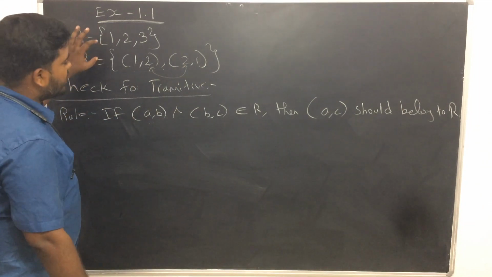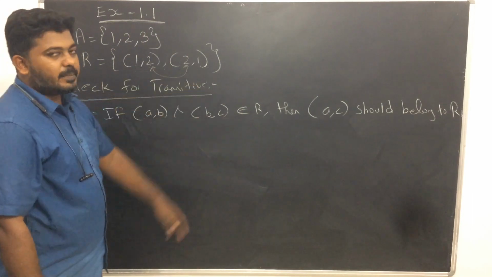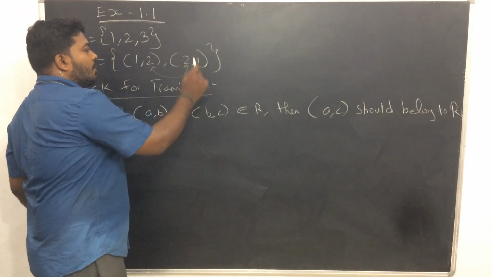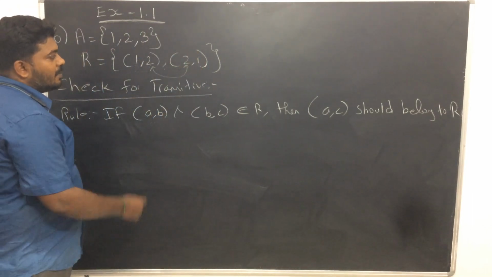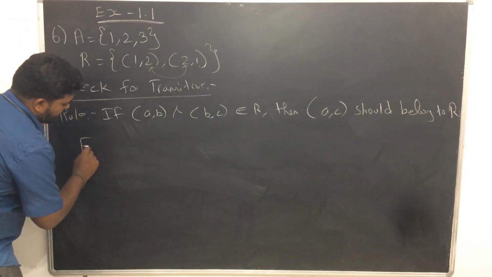So in this case, we have (a, b), we have (b, c). Do we have (a, c)? Do we have (1, 1)? No. There is no (1, 1), so this relation is not transitive. How do you write?